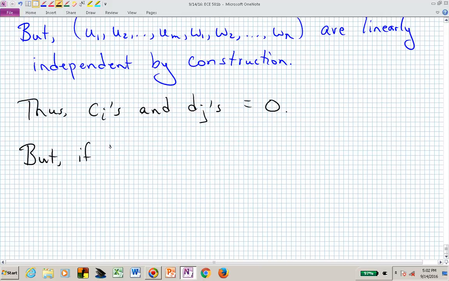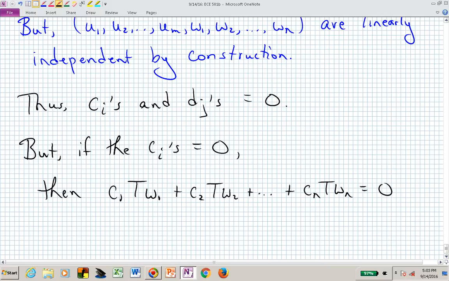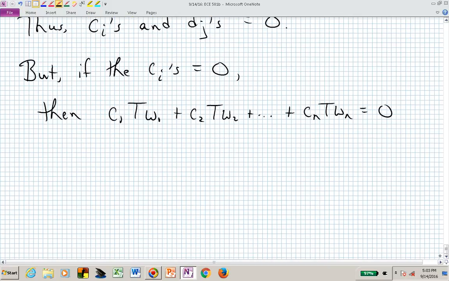But if the Ci's are equal to zero, then what do we know? Well, we had earlier this equation: C1TW1 plus C2TW2 plus CnTWn equal to zero. And now we know that the only way that that's going to be true is that those C's are zero.